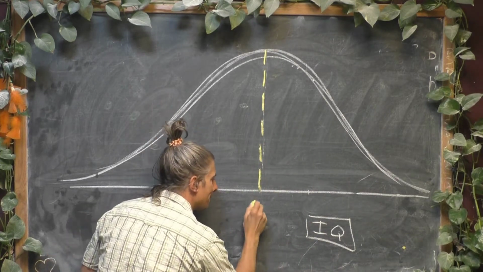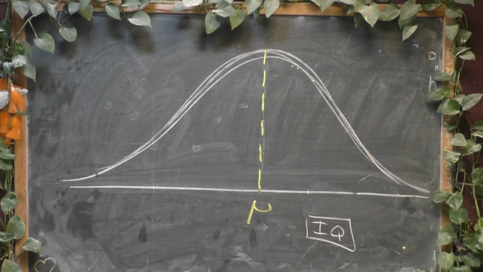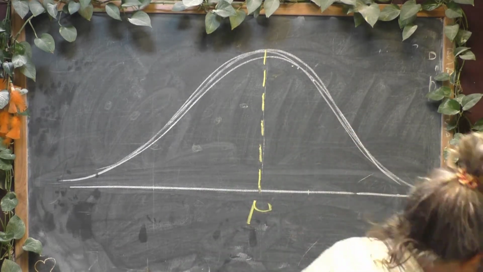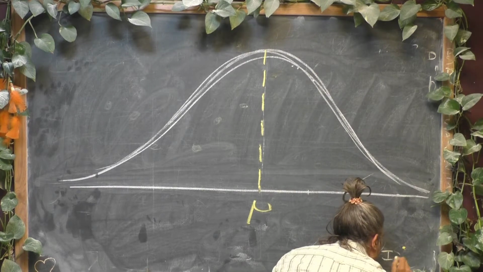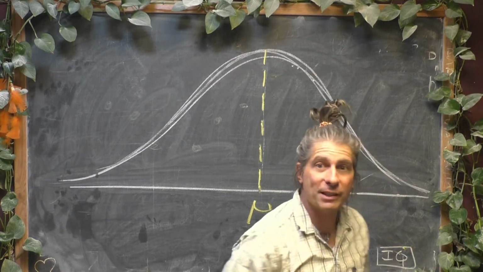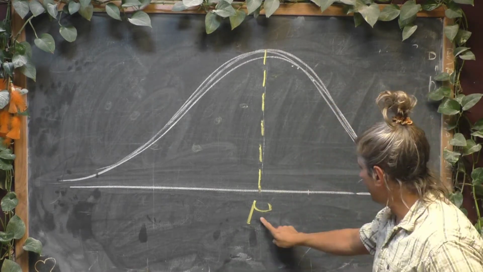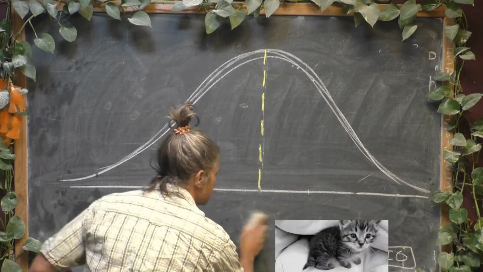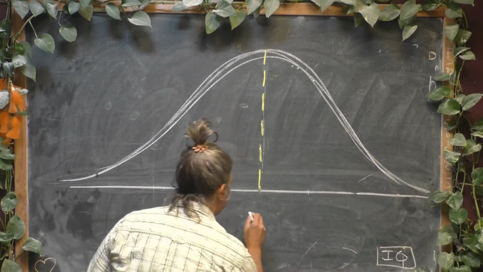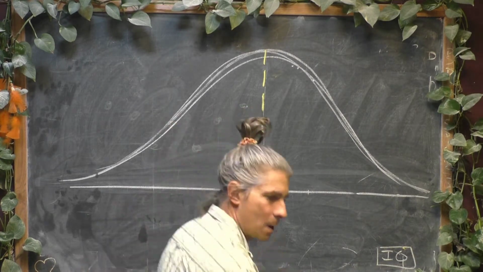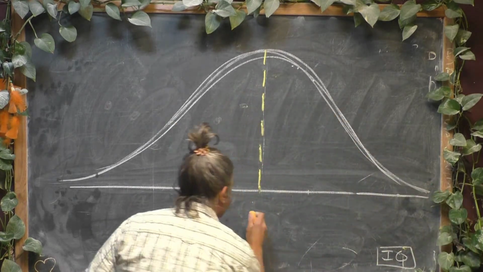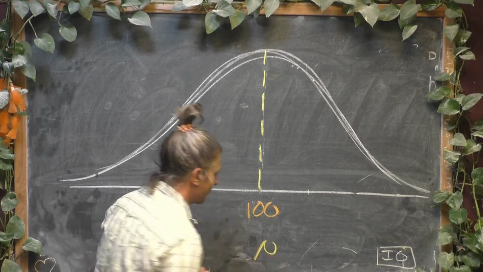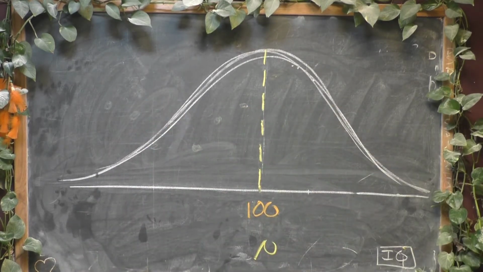That's my average. I'm going to call it mu. And the reason I'm going to call it mu, pretty simply, is because this is assumed to be a population measure. It's a parameter. So we can call it mu. And that mu is going to be 100. And you know what? I'm going to put the mu at the bottom and put the 100 at the top. So 100 is going to go up here. You can tell I really planned this well today. 100 is the average score. There we go. All right.